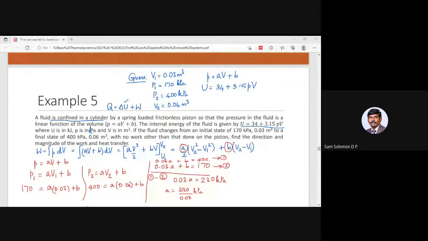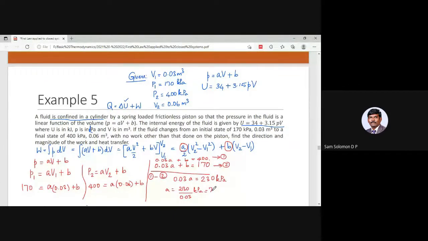Using the calculator, 230 divided by 0.03 gives you 7,666.67 kilopascal. So this is what we get for A. Then you can resubstitute this in equation 1 or 2.